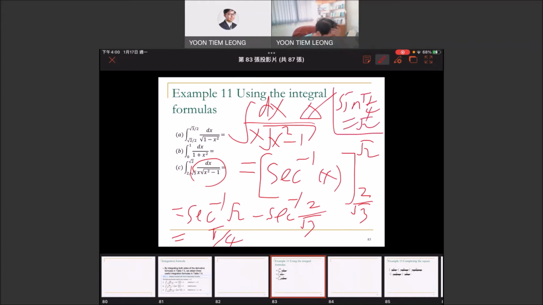Okay, I just leave you with what exactly this value is, and you just figure it out for yourself. It should not be very difficult, unless you just press the calculator and you get the answer.